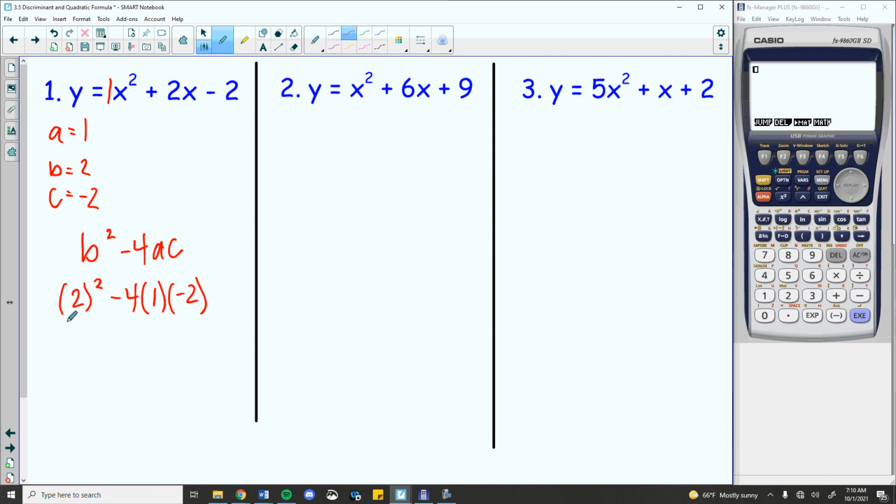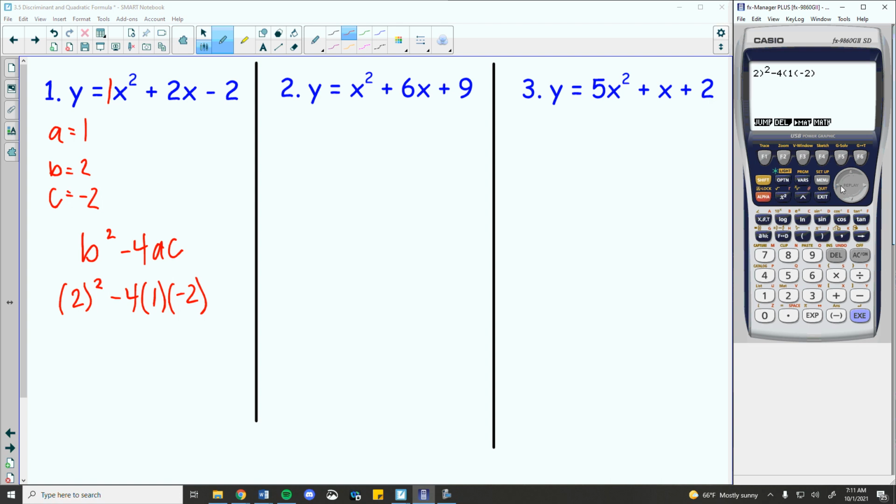Now this whole thing is just a number, so I'm going to type this in my calculator, see what I get, and whatever answer I have, that's my discriminant. In your calculator, I would type in 2 squared minus 4 times 1 times negative 2. And I really should have put this first 2 in parentheses.